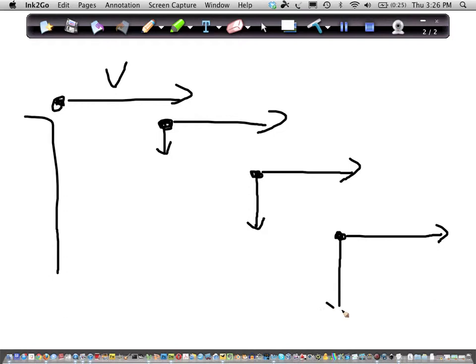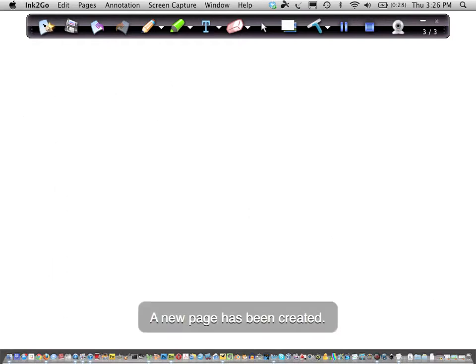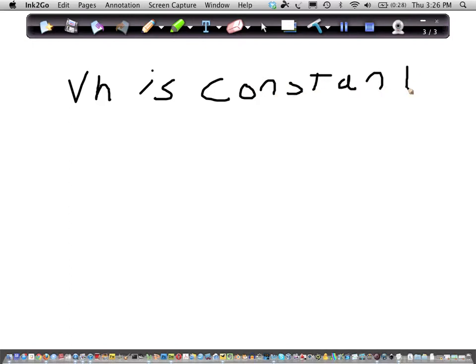So what happens is the velocity horizontal, VH, is constant. Okay? And since it's constant, the distance horizontal is simply equal to the velocity horizontal times time.